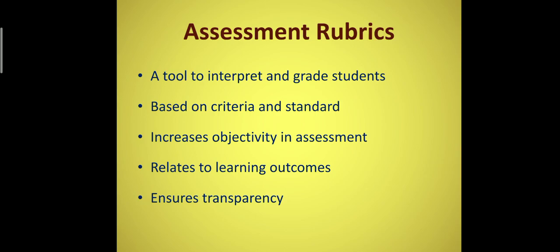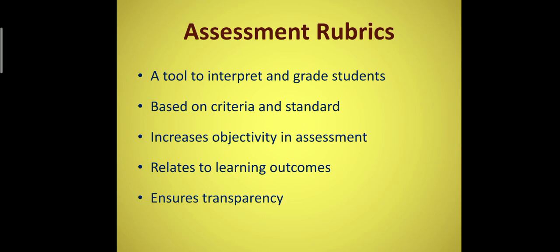What does it mean? When constructing the assessment rubric, we keep in mind that, looking at the learner's responses, we will try to judge whether the learner is able to achieve the learning outcome that the learner is supposed to achieve after learning the course.